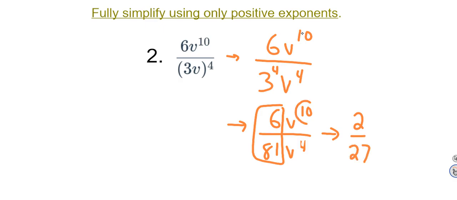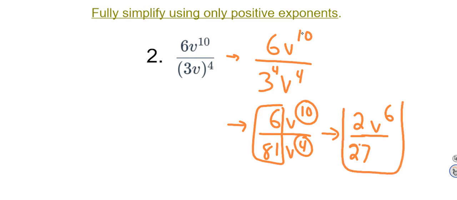We've got a 10 up here and a 4 down here. 10 minus 4 is 6. So we can write it like this, v to the 6th. I think Delta Math will accept it like this, 2v to the 6th over 27. Of course, we could have written it separately if we wanted to. Either way is correct. They mean the same thing. All right, let's keep going.